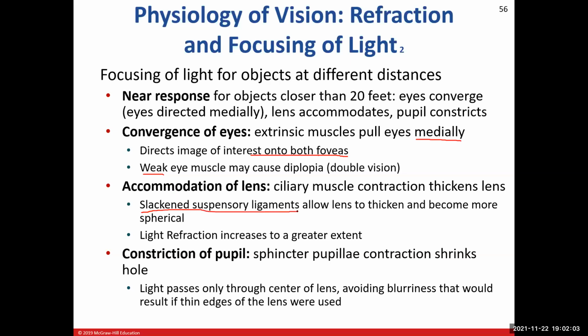The suspensory ligaments attach the ciliary muscle to the lens. So when your eye undergoes accommodation, those muscles contract. It causes a slackening of the suspensory ligaments, and that allows the lens to thicken and become more rounded, give it more of a convex appearance. So it goes from something that's like this to something that's like this.